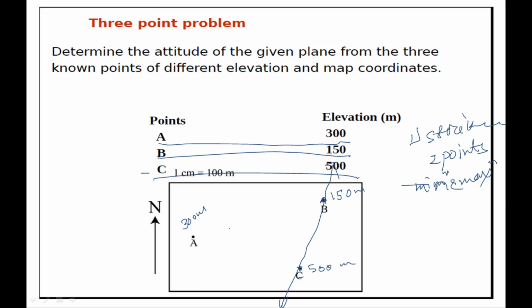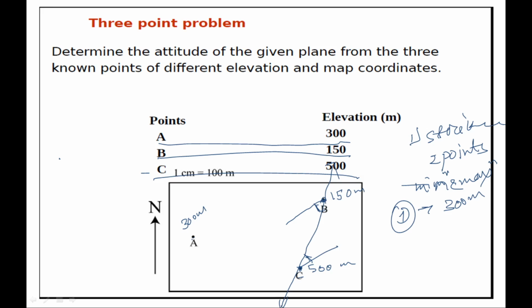Then what you have to do, you have to find out 300 meter in this BC line. You have to find out another point D of elevation 300 meter, right? So 150 and 500 means, how to do the segments, and then you have to find out the D point here.